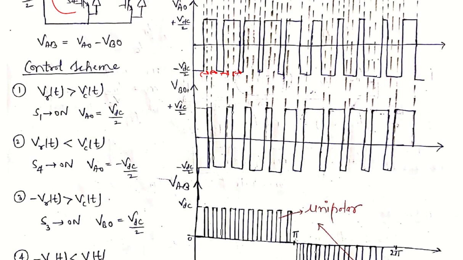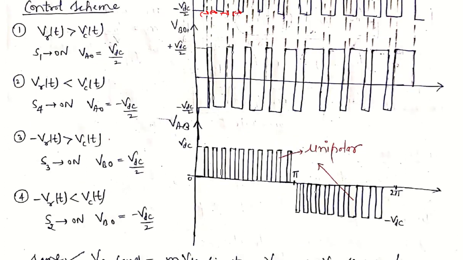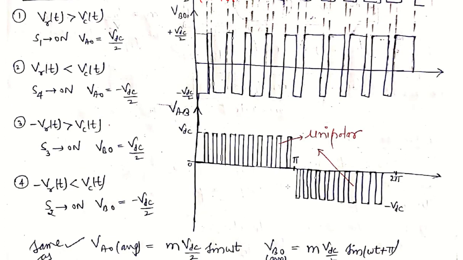After pi we will again subtract this part of the VB naught waveform from VA naught, so a pulse will be generated in the negative cycle having amplitude of minus VDC. In this way we can subtract VB0 from VA0 to obtain the line to line voltage.